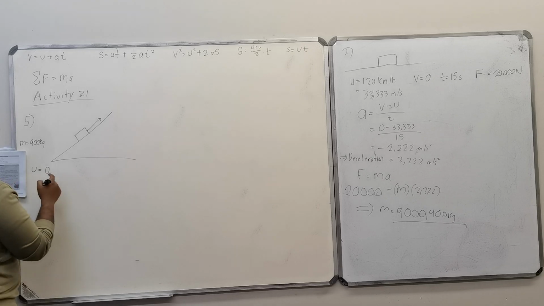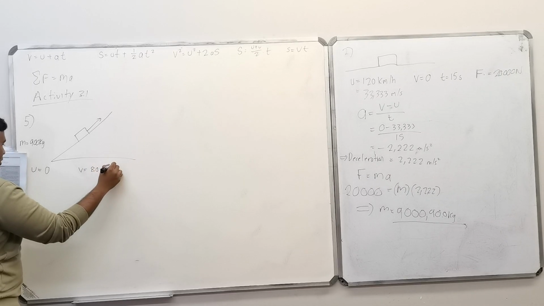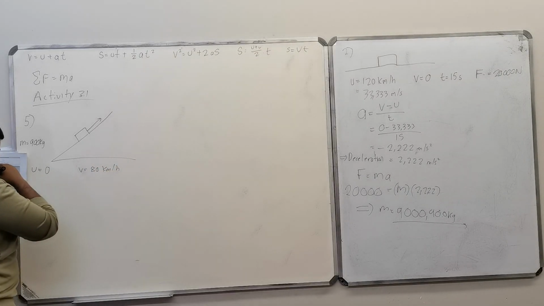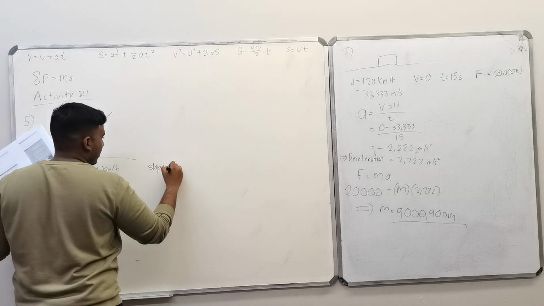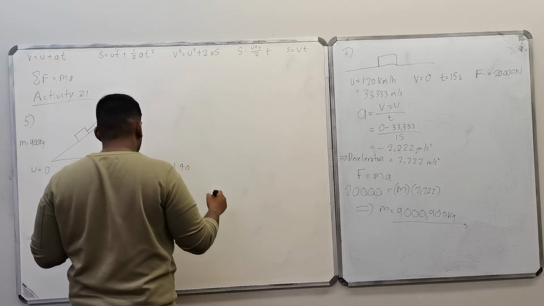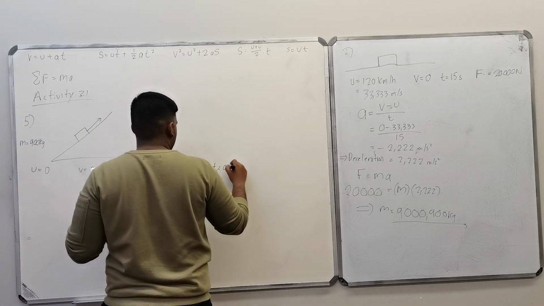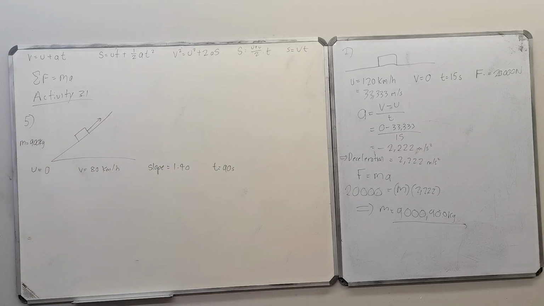It reaches a speed of 80 kilometers per hour, so its final velocity is 80 kilometers per hour. The incline is 1 in 40. It reaches a speed of 80 kilometers per hour after 90 seconds. Calculate the acceleration of the car.